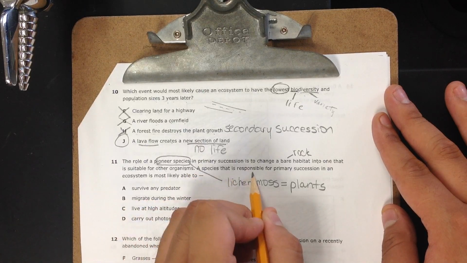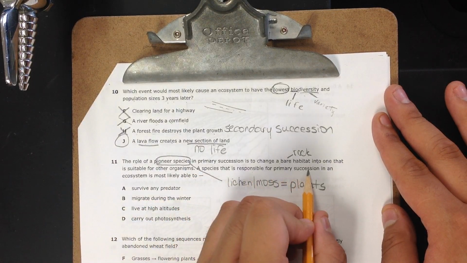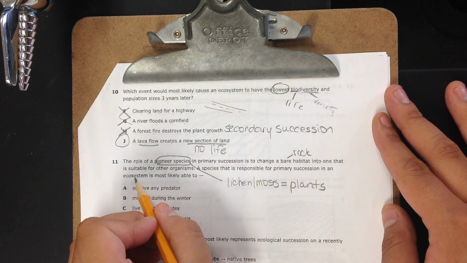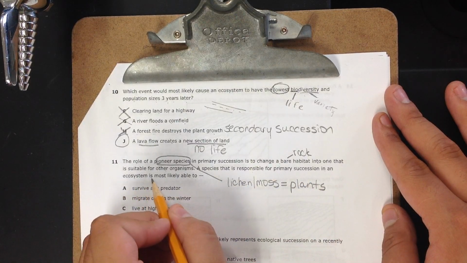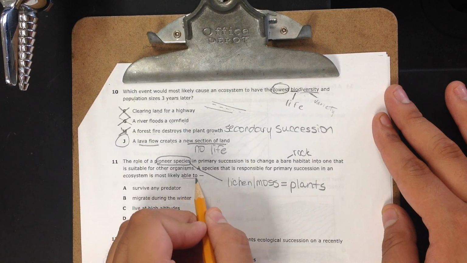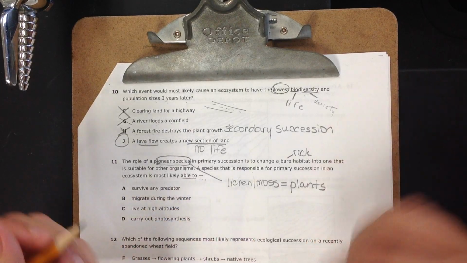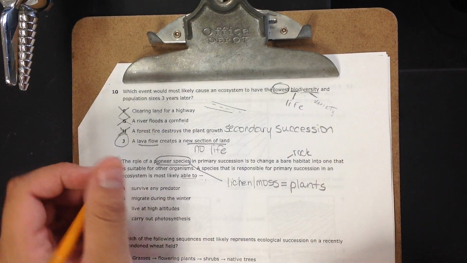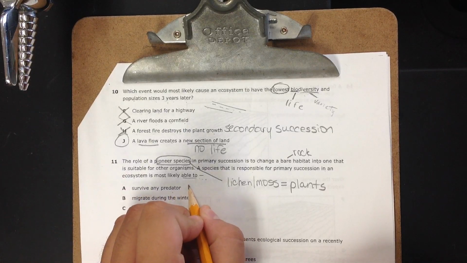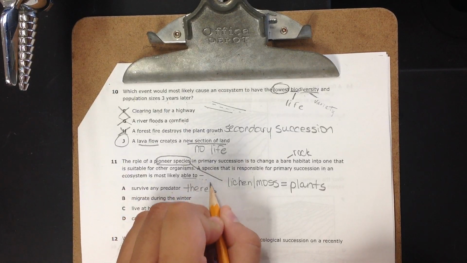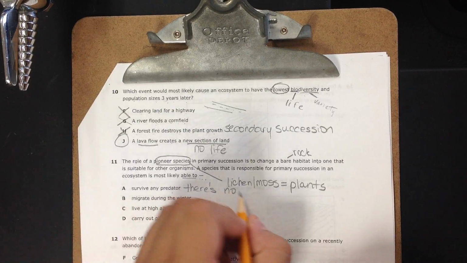A species that is responsible for primary succession in an ecosystem is most likely able to do what? What must they be able to do? Survive any predators? There's no predators because there's just rock.